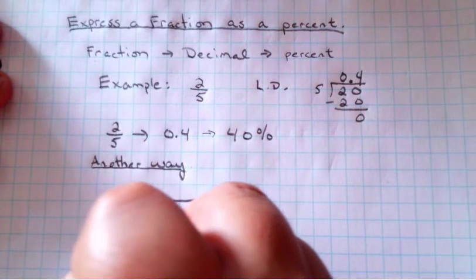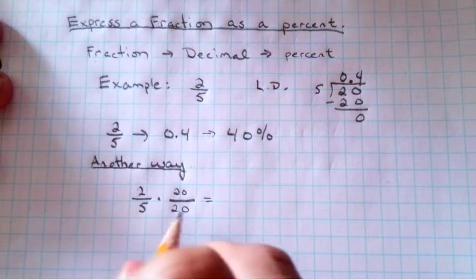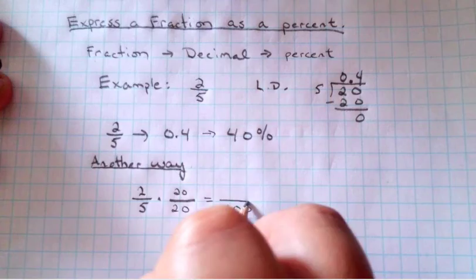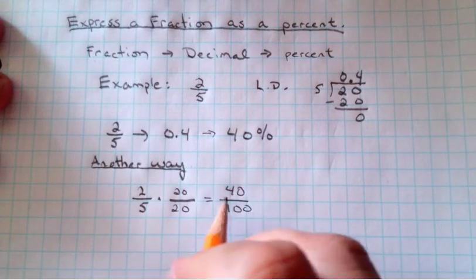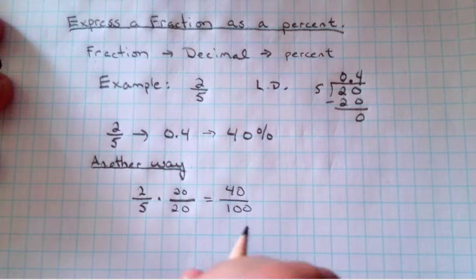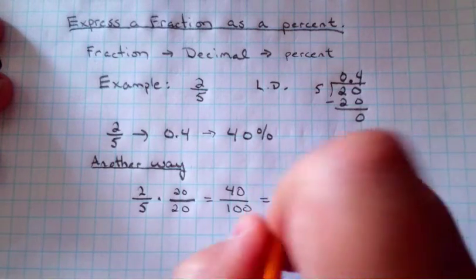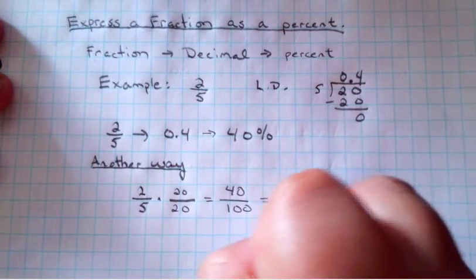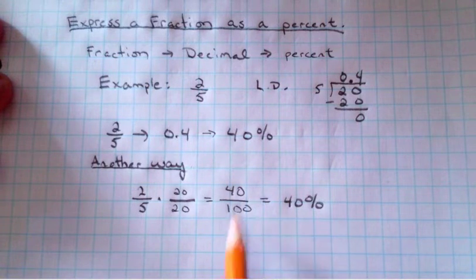So if I multiply the top and the bottom of my fraction by 20, the bottom becomes 100 and the top becomes 40. And we know that 40 over 100 as a percent, because we've talked about this, is equal to 40%.